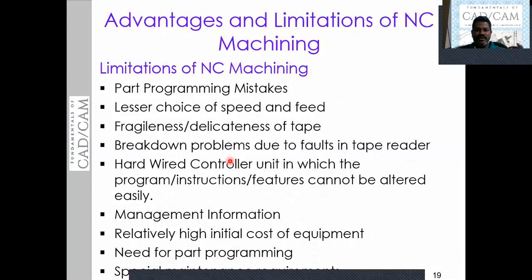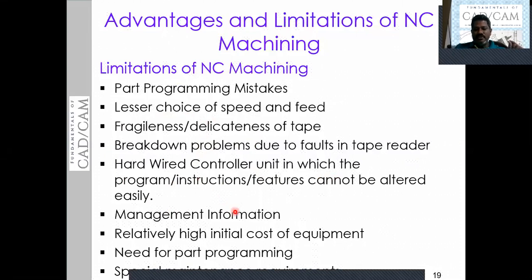Just compare the hardwired and softwired. If it is a computer-assisted machine, the program is in the form of a soft copy. You can alter the program very easily. But whereas if the program is in the form of tape or punched card, the punched card is going to become waste if there is any error.